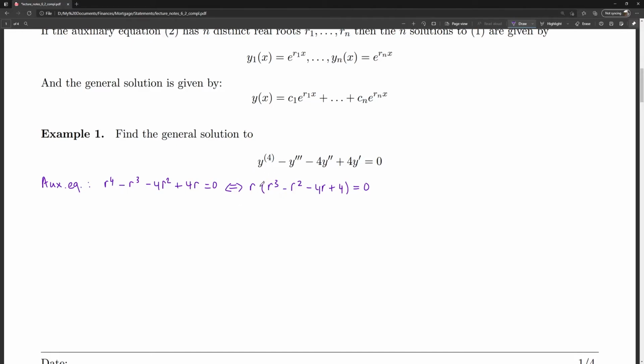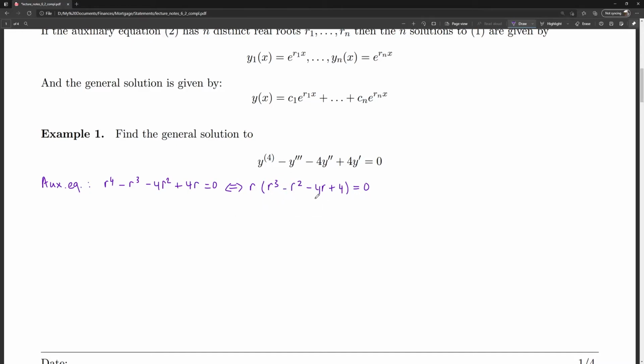So factor out that r, verify that when you distribute that r, you get the original equation here. So by the zero product rule, we already have one root of this differential equation, namely r equals 0.